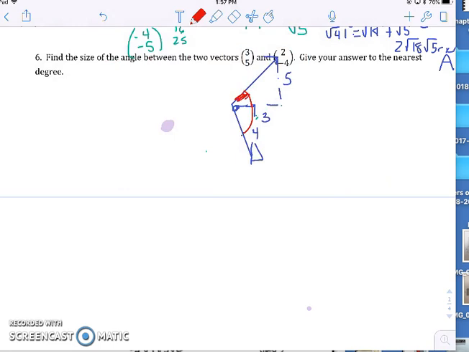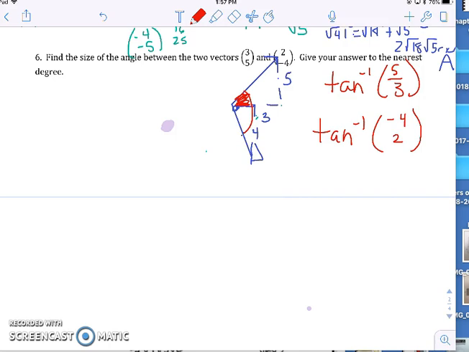Well, I'm going to argue we can find this top angle by doing the inverse tangent of 5 over 3. And we could find that bottom angle by doing the inverse tangent of negative 4 over 2. And we could see what we come up with there. And then we would add those angles together.